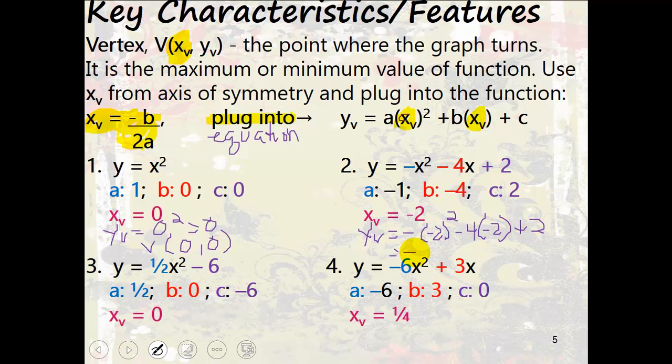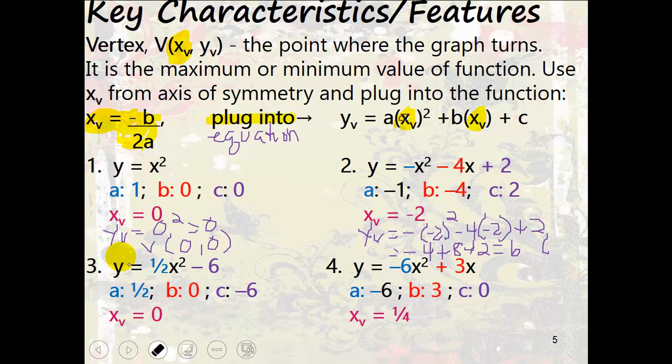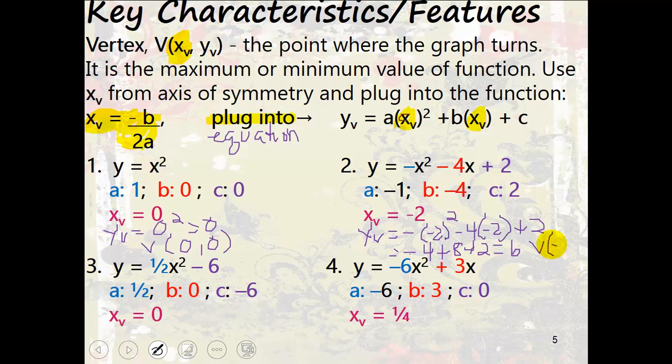This is equal to negative 4 because negative 2 squared is positive 4, and the negative out in front stays. Plus 8 plus 2. When you add that together, you get 6. So my vertex is negative 2, 6.